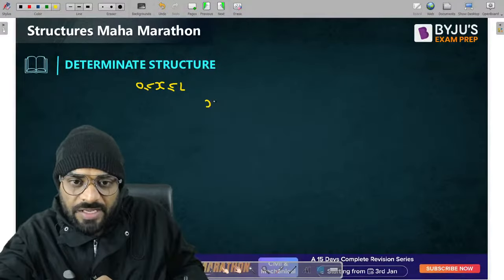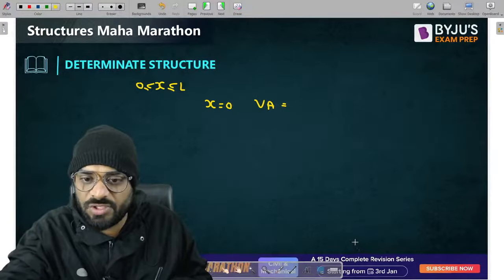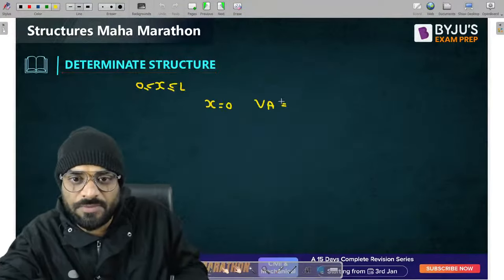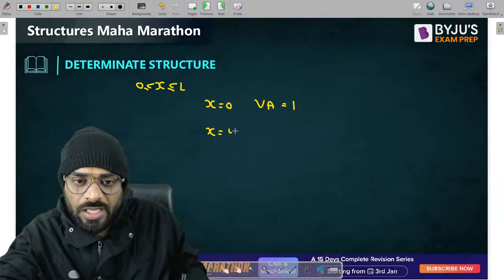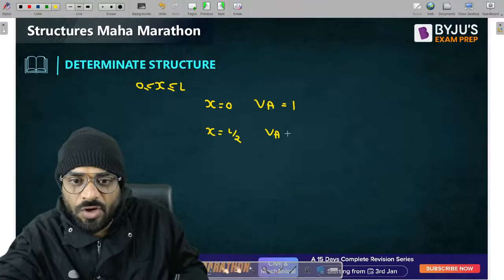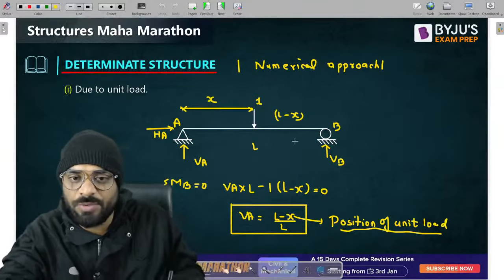When X is equal to 0, VA is equal to how much? It is equal to 1. If X is equal to L by 2, VA is (L minus L by 2) divided by L, which is 0.5.